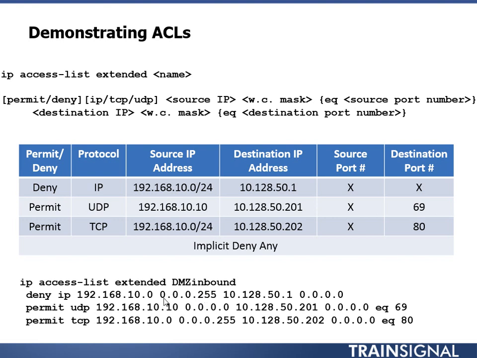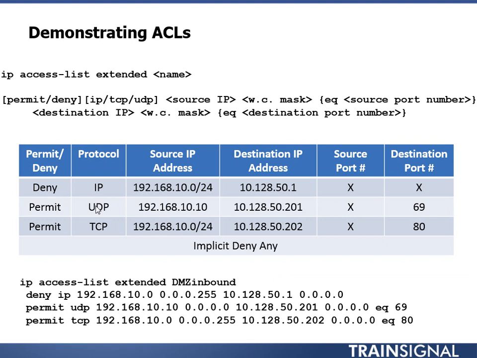Since here it was a 24-bit subnet mask, or 255.255.255.0, my wildcard mask ends up being 0.0.0.255. 10.128.50.1 is my destination, and my wildcard mask here is 0.0.0.0, which means that I want to match all of the bits in that IP address. So when you use 0.0.0.0, it means a single host. That meets my requirements for this first line.